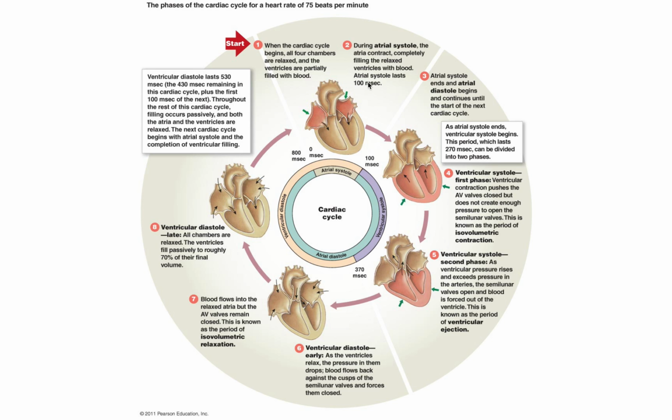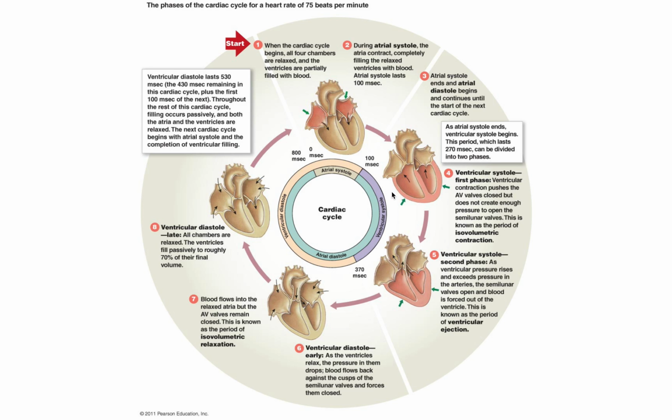Then the first step is atrial systole, so the atria contract, and that forces more blood into the ventricles. And then atrial diastole, we can see, starts right here, and that continues until the start of the next cardiac cycle.